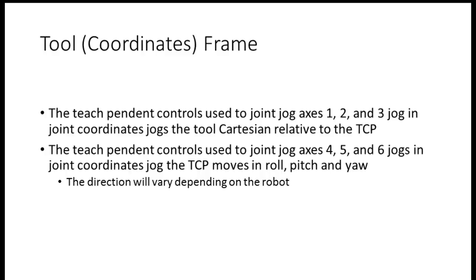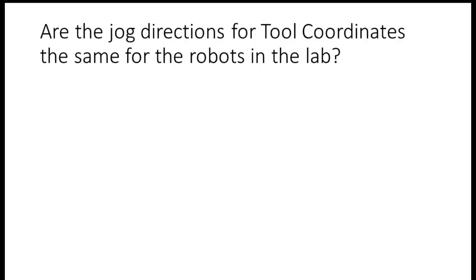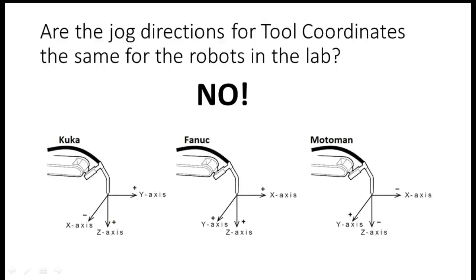So on all your Cartesian systems, whatever keys you use to jog, roll, pitch, yaw will be the same on all of them. Are they the same? No, this is relative to, and these are the Kuka, the Fanuc, and the Motorman. And I don't know why I don't have the ABB out there, but I think I do.